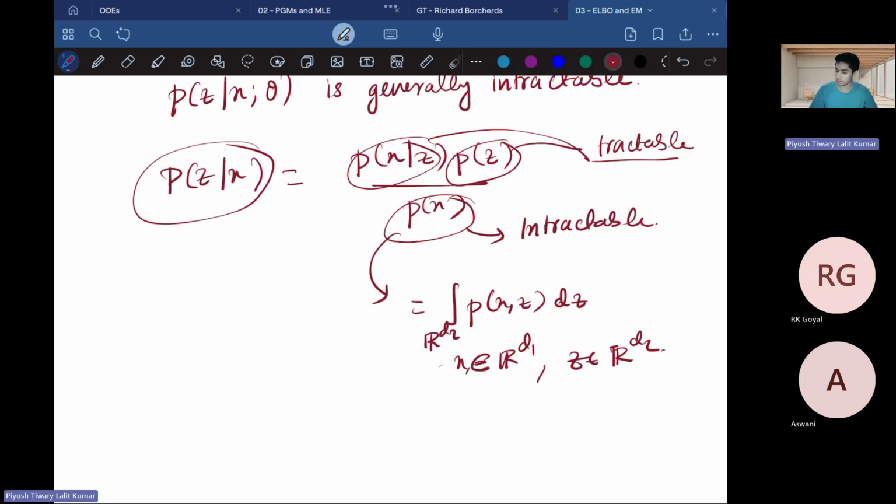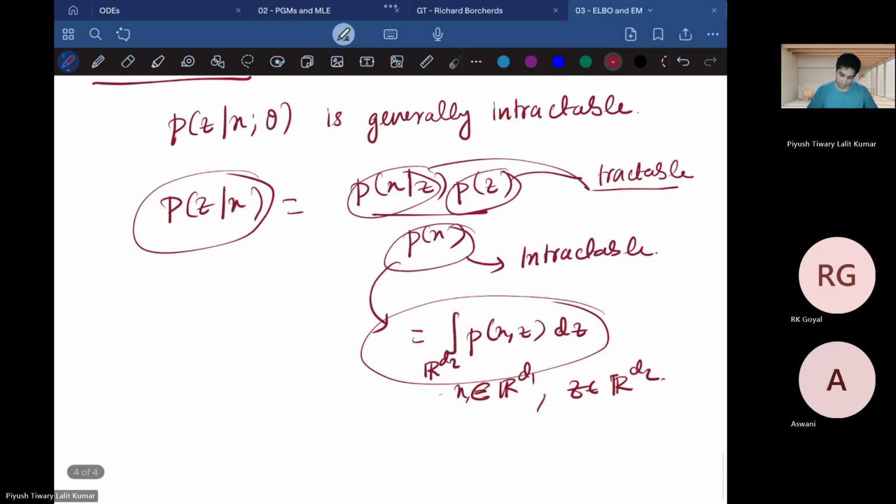This integration itself is intractable because R^d2 is a vector space with infinite support. You cannot integrate over the entire space. Even if it is R, it sometimes gets difficult to do the integration. Think about R^d2, where you want to integrate this joint distribution. That is why they say that since we cannot calculate this integration, the distribution is intractable.